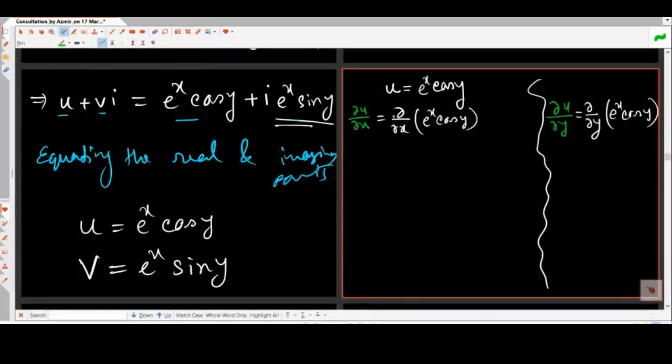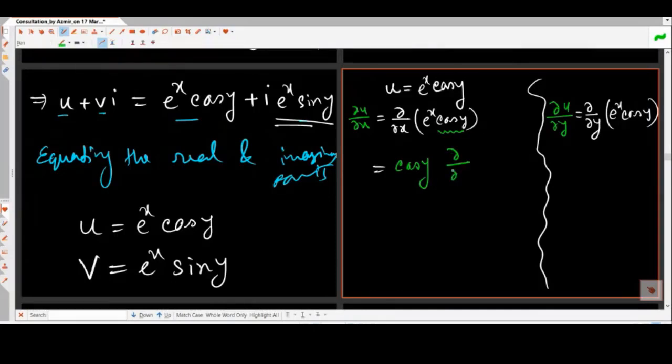Let's find du dx, that is d dx of e to the x cosine y. That means we are differentiating in terms of x, so y will be constant. So cosine y will be constant, so cosine y can be pulled out.